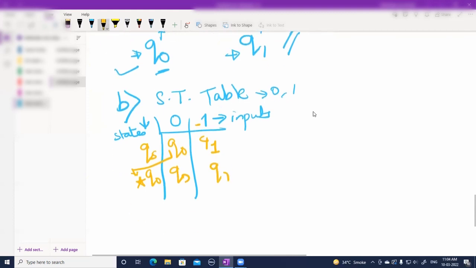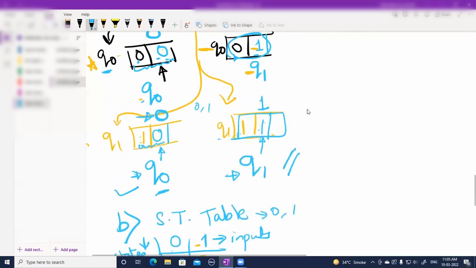Now, what is the next state that we have to consider? We considered Q0, which was the resultant state. Now it is time to consider the Q1 state. We'll write the Q1 state here. Now Q1 on 0, where is it going?